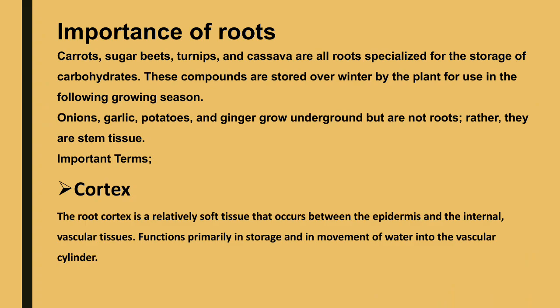Important terms: cortex. The root cortex is relatively soft tissue that occurs between the epidermis and the internal vascular tissues. Functions: they help in storage and movement of water in vascular cylinders.